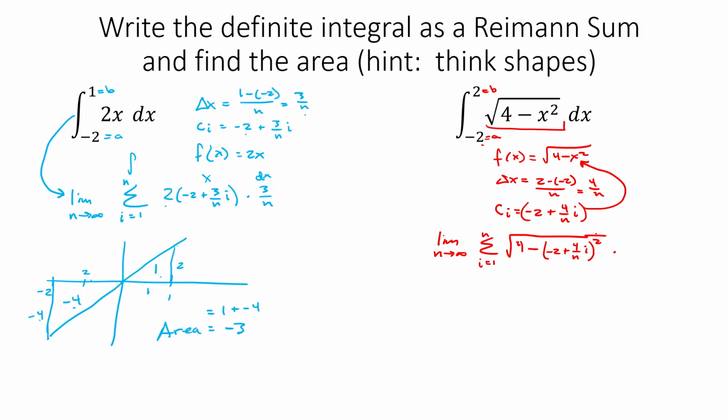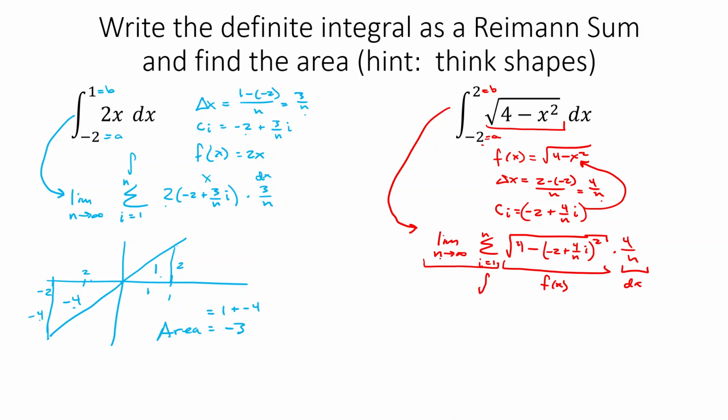And then outside of the square root, so we'll close the square root here, times delta x, so times 4 over n. So that means this now is equal to this. If you look, here's the function part, there's our f of x. And here, at the end, there's our delta x or our dx. And all this together works as our integral sign.